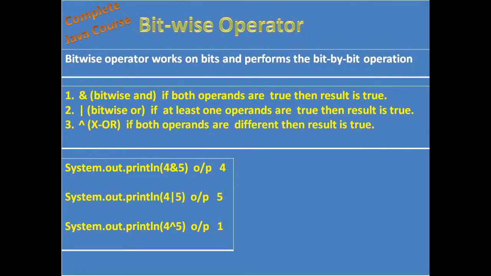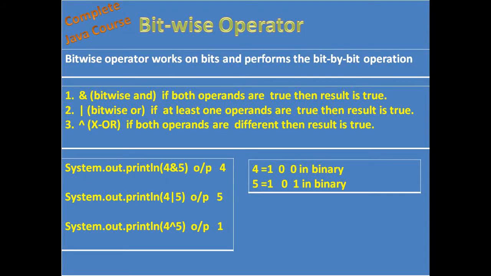Suppose we take 4 and 5. If you apply the bitwise AND operator on 4 and 5, the output will be 4. How? The binary form of 4 is 100 and 5 is 101. The AND operator works if both operands are true, then the result is true.